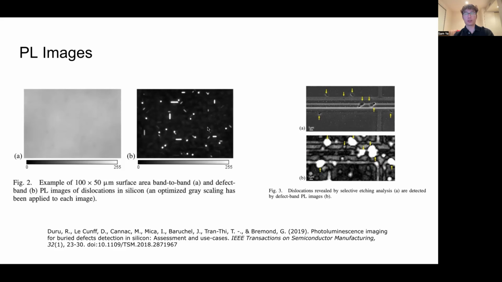And on the right, it compares the selective etching analysis, which is a well-known characterization technique, and the PL imaging. And you can tell that the PL imaging can actually provide you accurate information about the defects.